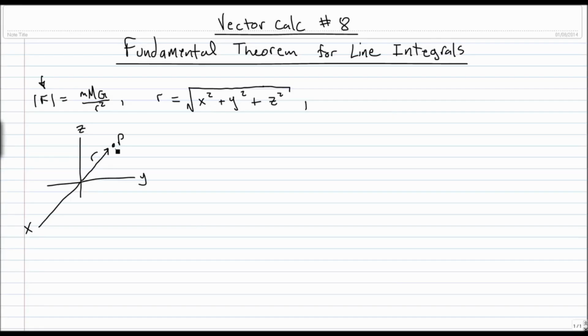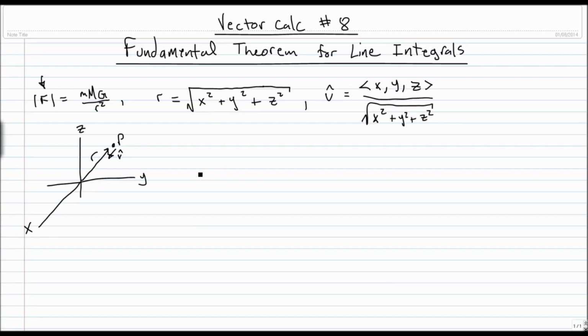So if we wanted the actual direction, the direction would be in the direction of some unit vector that points from the point that you're at to the origin, where the unit vector would literally just be the position vector to where you are divided by its length.